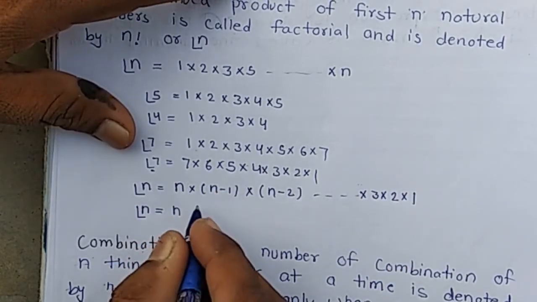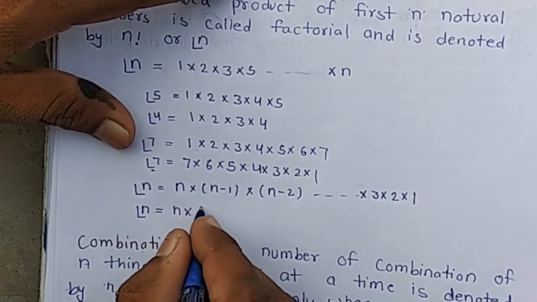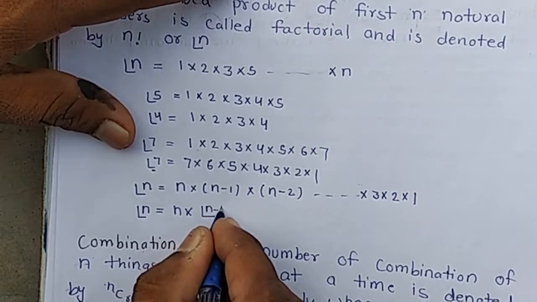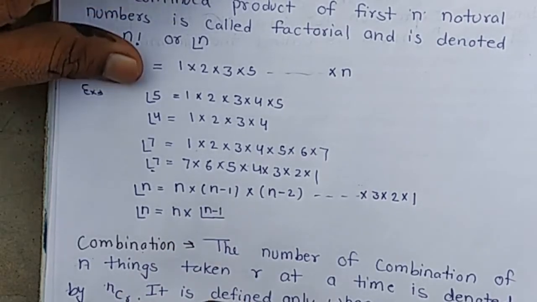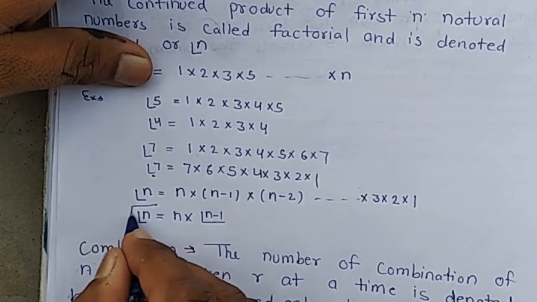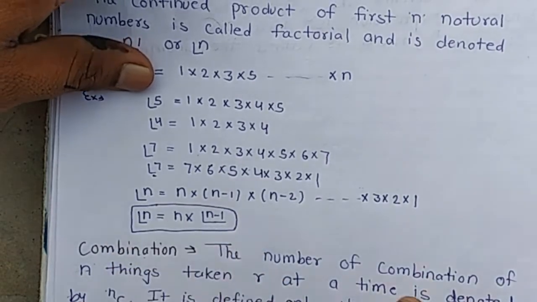Then we can write factorial n equals n into factorial n minus 1. We have this formula: factorial n equals n into factorial n minus 1.